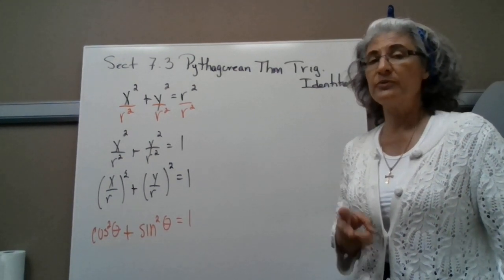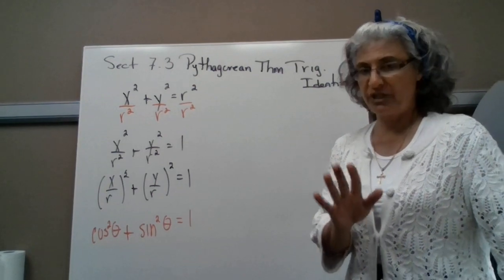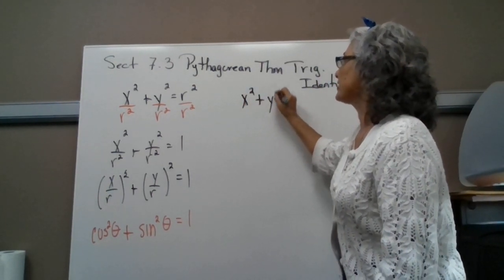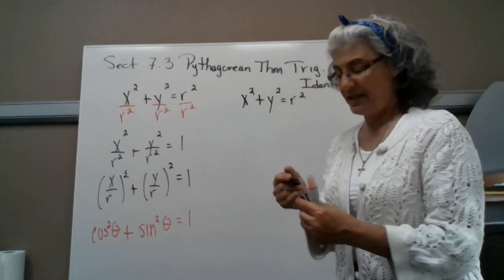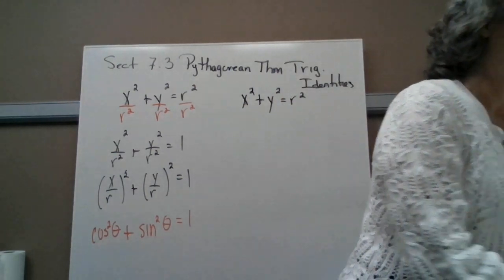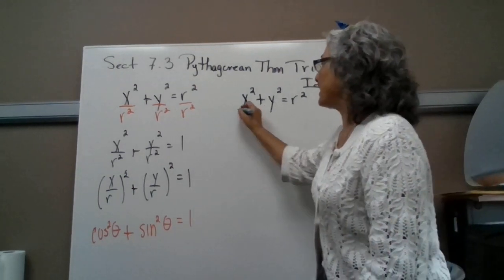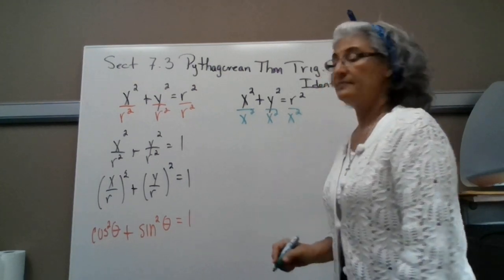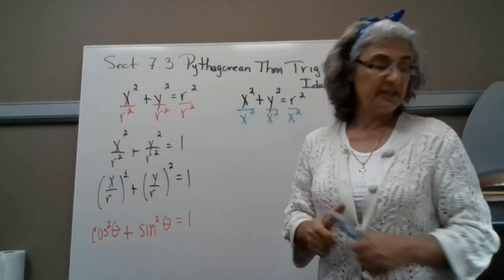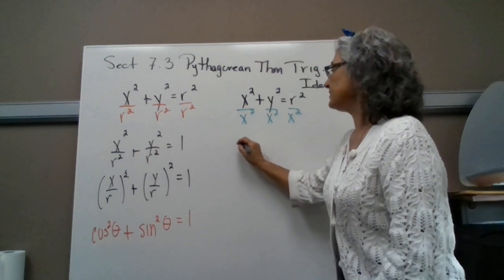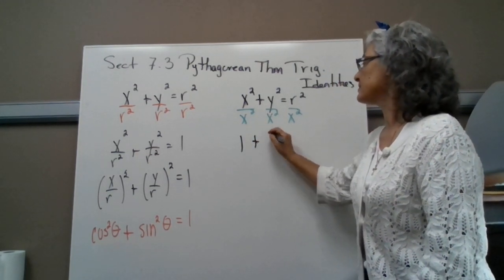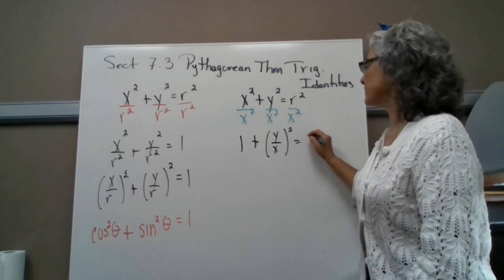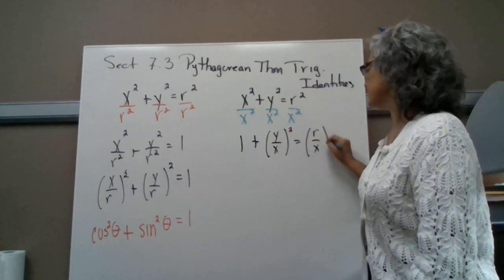There are two more Pythagorean trig identities, so check this out. If I take Pythagorean's theorem again, now in this case, I decide to divide everything by x squared. That will leave me 1 plus y over x, the whole thing squared, equaling r over x, the whole thing squared.